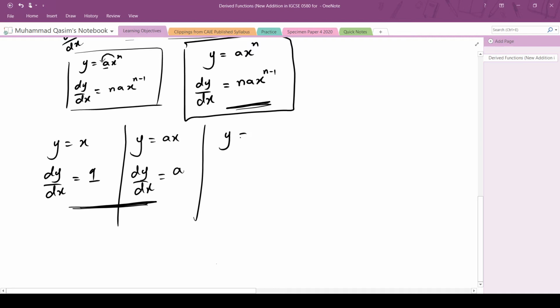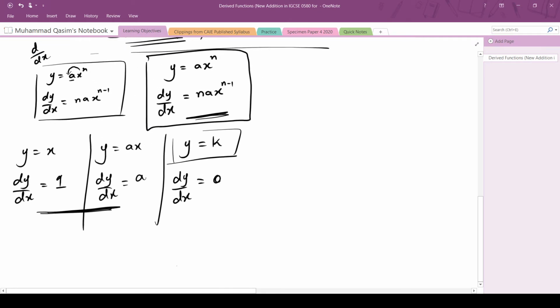The third special case, whenever you have y equals any constant number, remember the derivative of any constant number is always 0. Now, if you look into the graphical perspective of this equation, and if you can recall from graphs of linear equations, whenever you have the equation y equals any constant number, that gives you a horizontal line, and the gradient for a horizontal line is always 0.